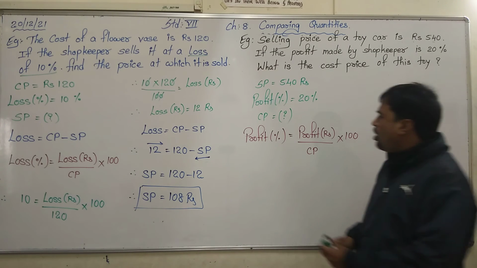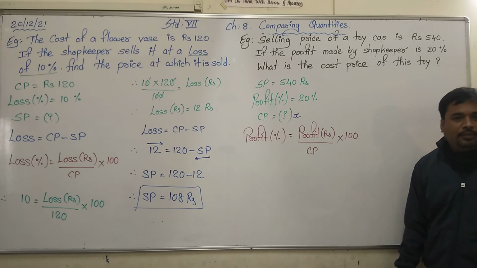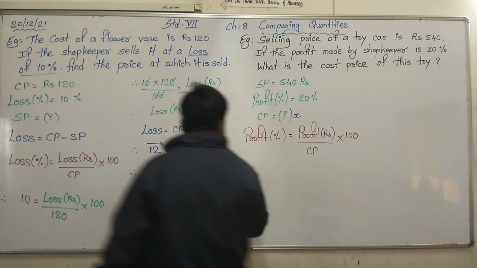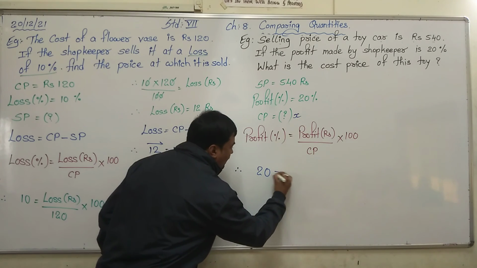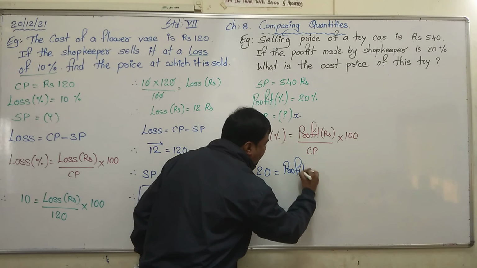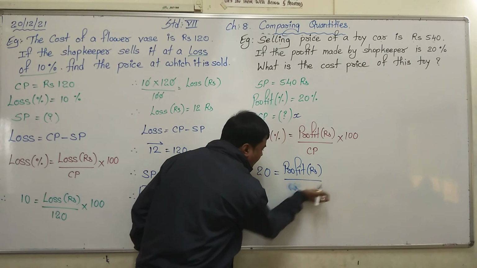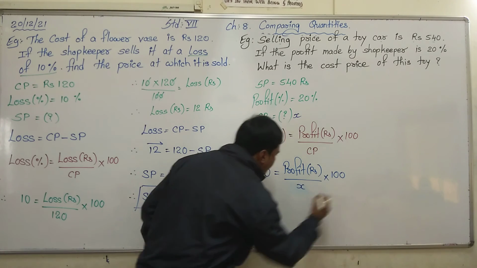So let cost price be X. Let cost price be X. Right? Let's replace the value. Therefore, what is profit in percentage? 20 is equal to profit in rupees, which we have to find, upon what is CP? Multiplied by 100.